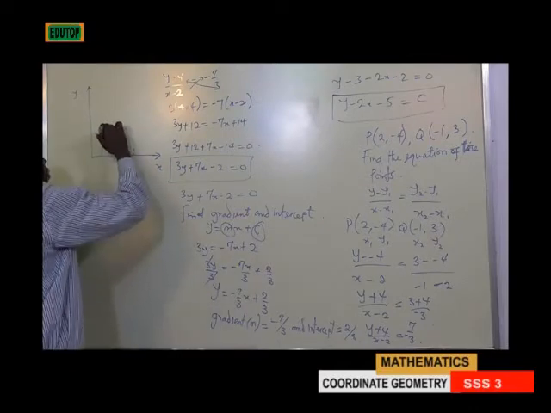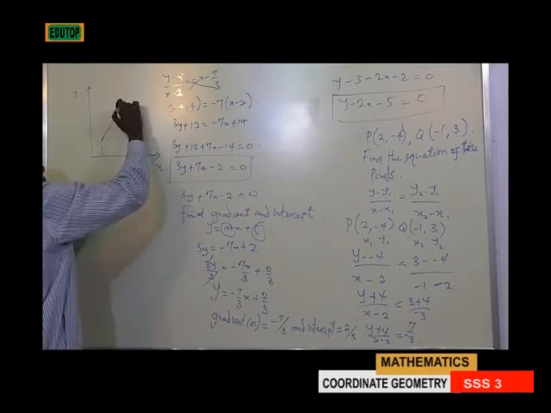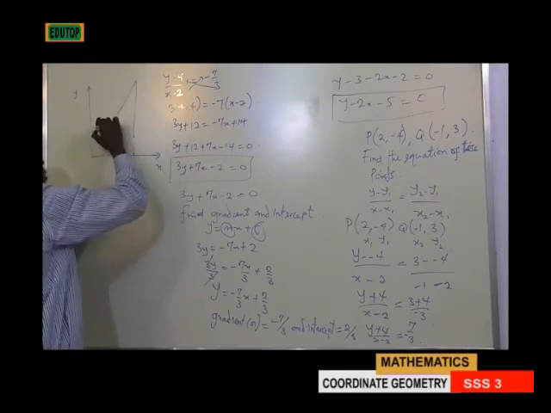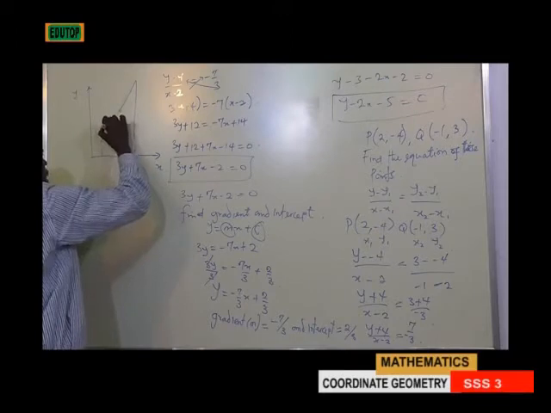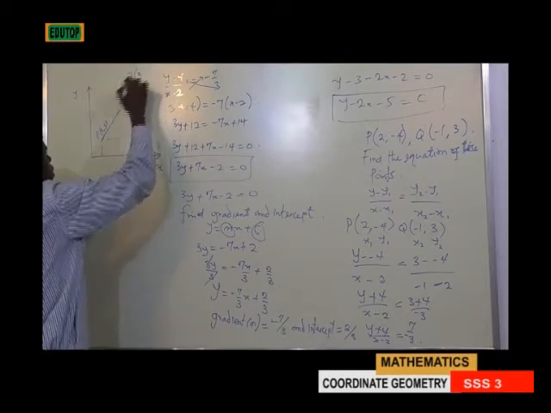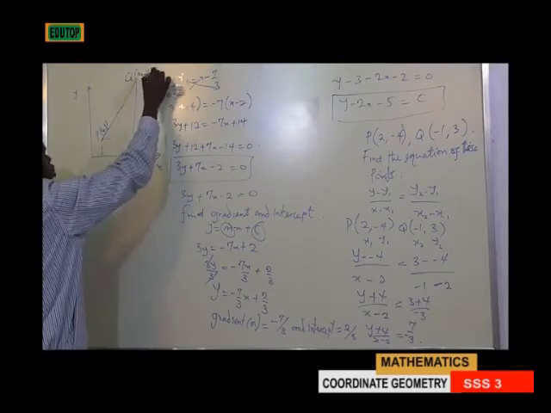Let's say this is P, where you have your x comma y, then this is your Q. This one is x1 comma y1, and this one is x2 comma y2.